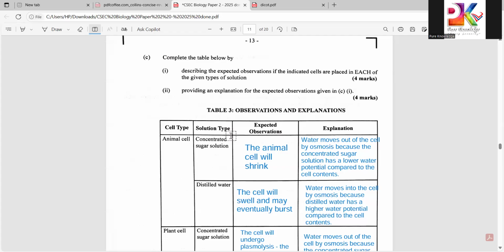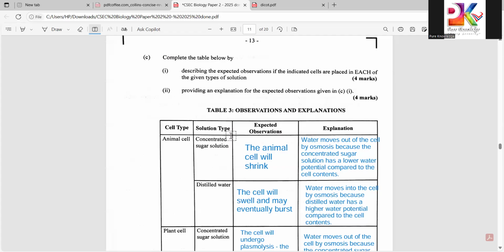Right? Then when an animal cell is placed in distilled water, the cell will swell and may eventually burst. That's very important, because it will burst since an animal cell doesn't have a cell wall. The explanation is that water will move into the cell by osmosis, because distilled water has a higher water potential compared to the cell contents, meaning the water moves from a place of high concentration, the distilled water, to a place of low concentration, inside the cell.